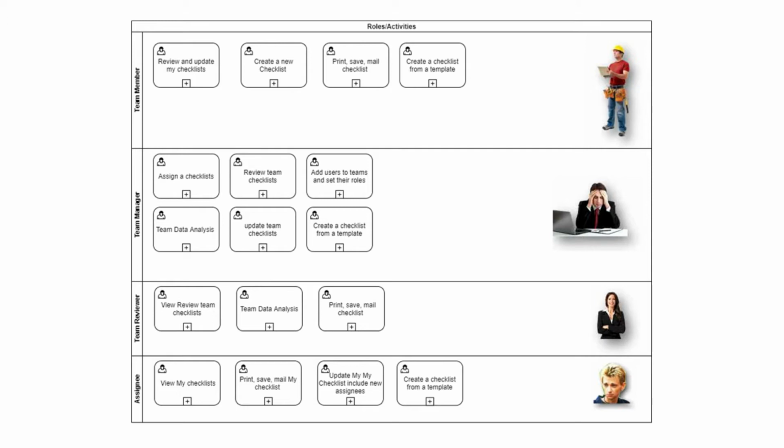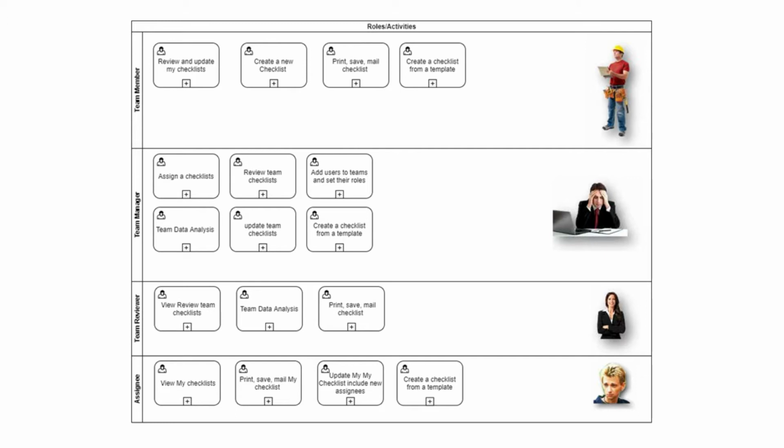And then finally, a team reviewer has visibility to all checklists in the teams that they're assigned to, but cannot update those. So that might be a VP or a department lead who wants to be able to see what's going on in the different teams, but doesn't necessarily want to be able to update the activities or the checklists being worked on in those teams.